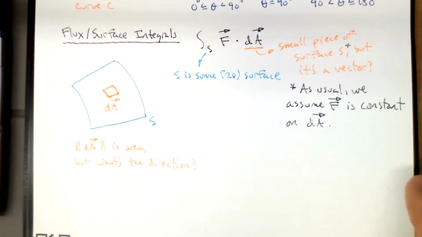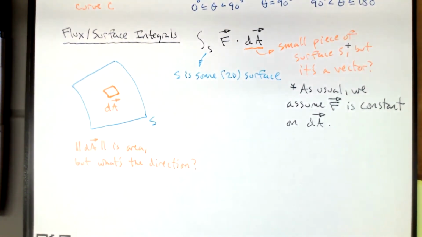But this dA with the arrow is a vector, so we have to think about what its direction is. We've got to assign a direction to this small piece on the surface. It's got to be one vector so that we can make our dot product.